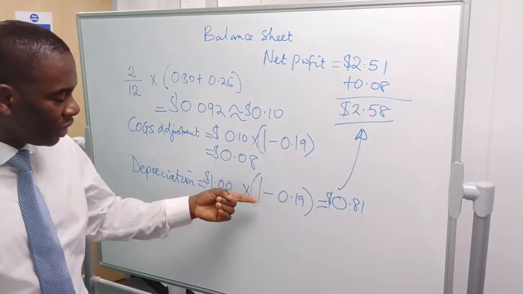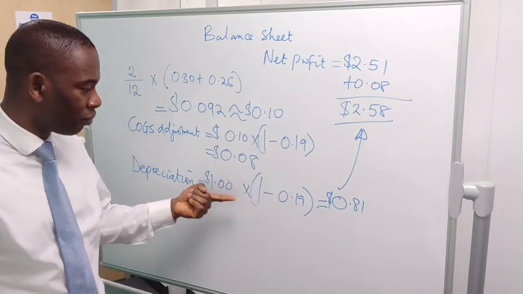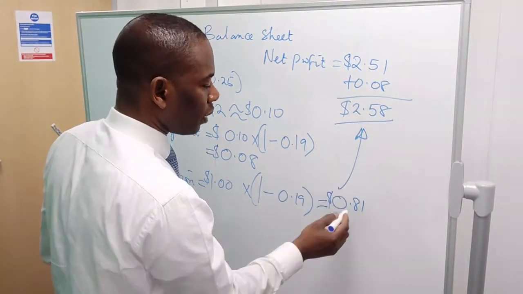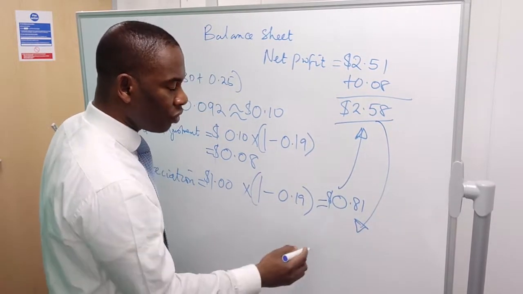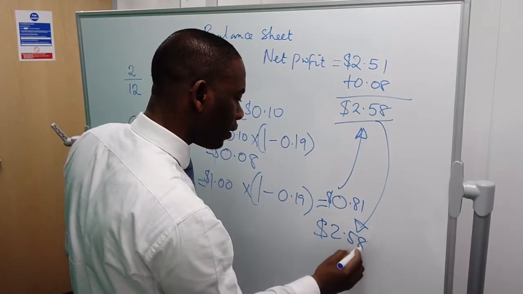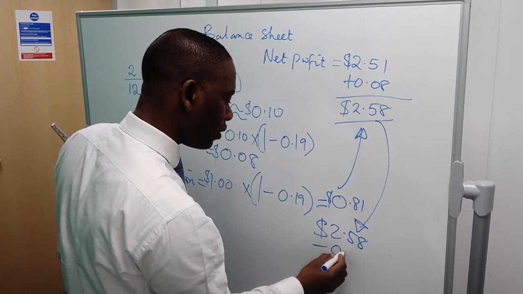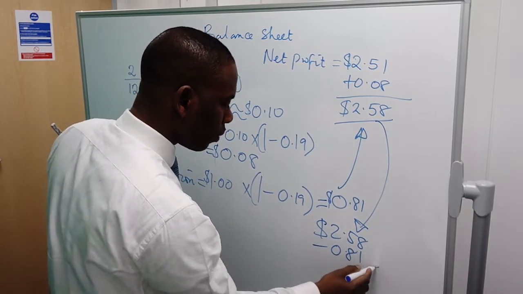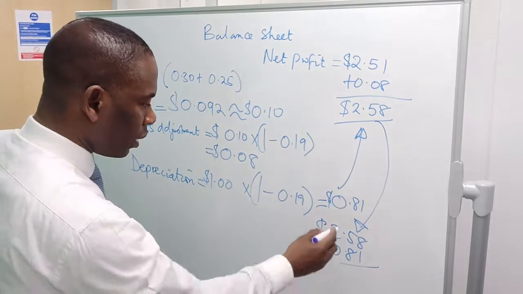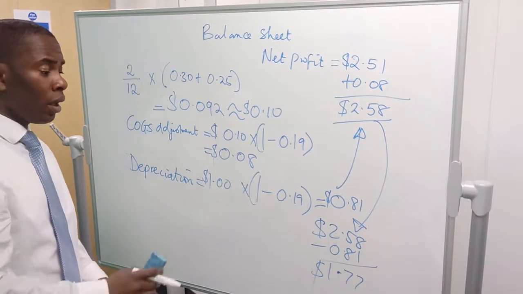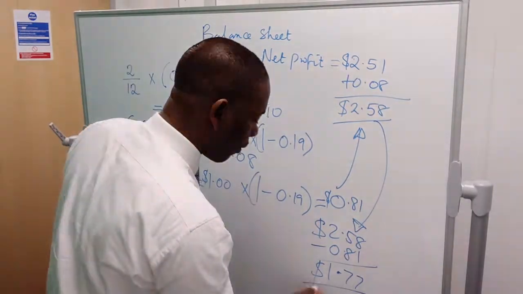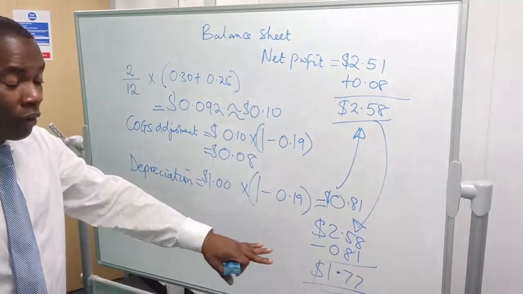So this is a tax shield that is provided. So if you adjust that, it's going to give you 258 minus 0.81. So that gives you 177. That was supposed to be our net profit.